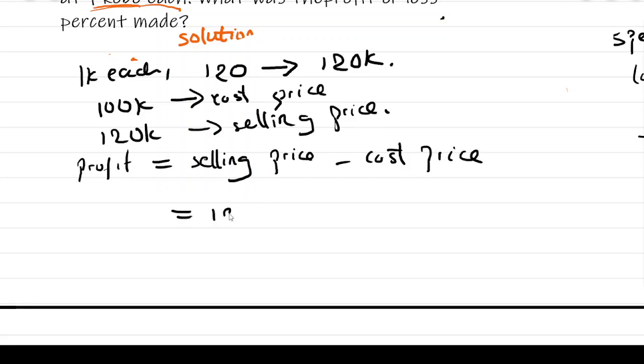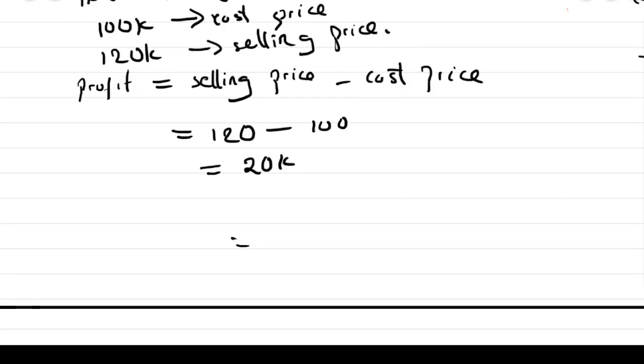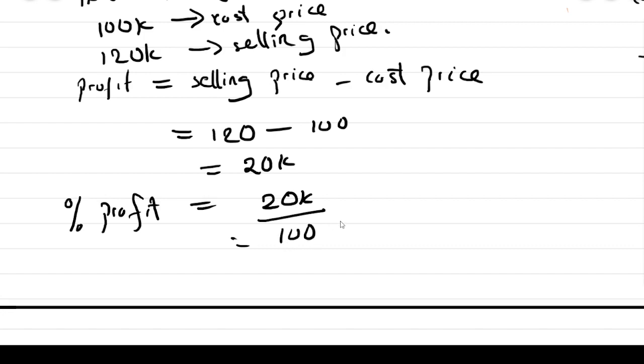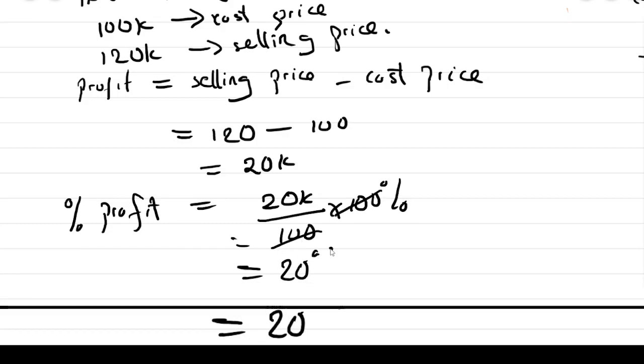So this is 120 kobo minus 100 kobo, which is equal to 20 kobo. So the percentage profit would be the 20 kobo we made over the 100, multiplied by 100%, because it was 100 kobo we invested. So this cancels out, and the answer is 20%.